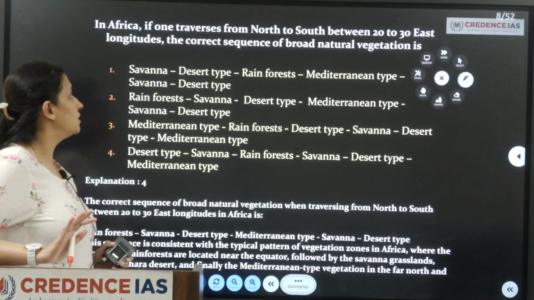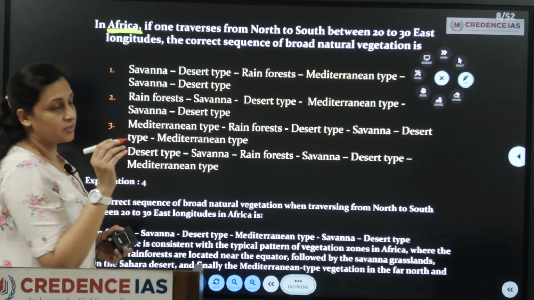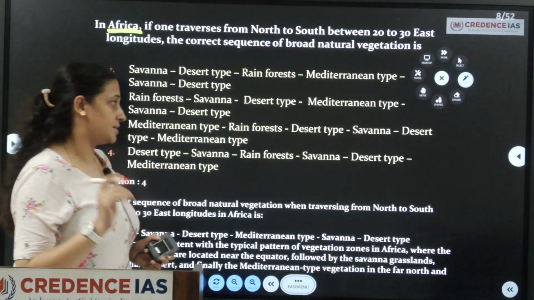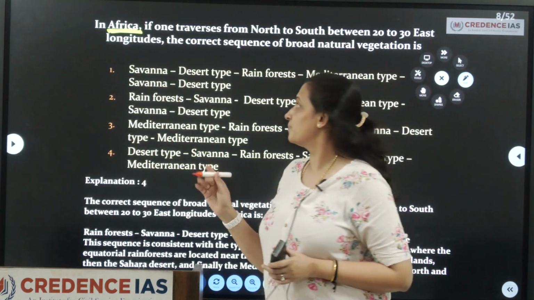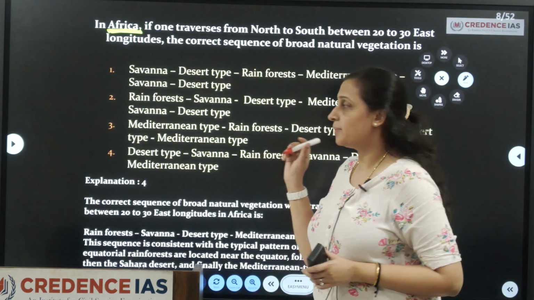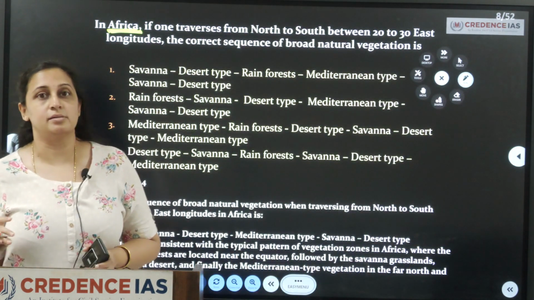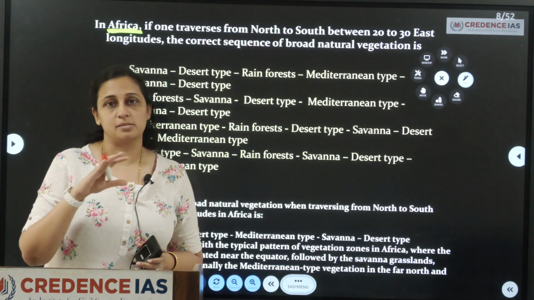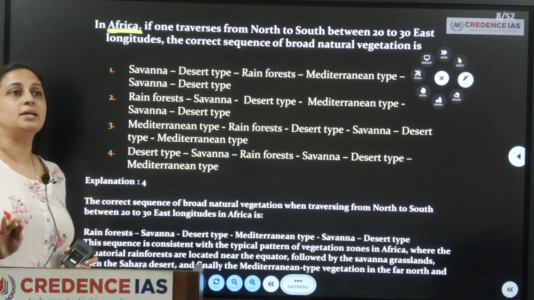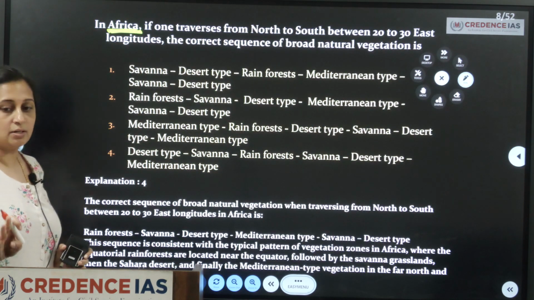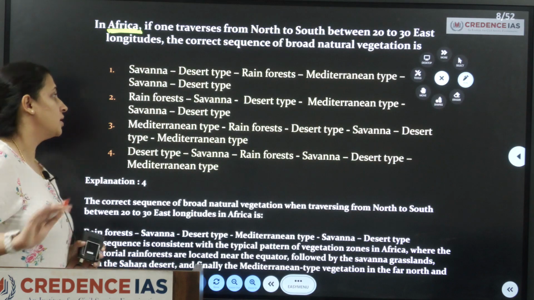Africa is special in the sense that it is the only continent through which all three main latitudes, that is the equator, Tropic of Cancer and Tropic of Capricorn, pass.